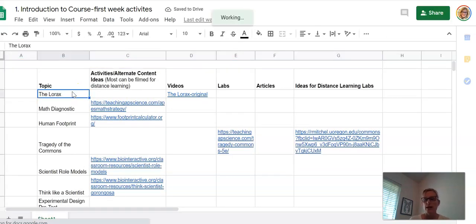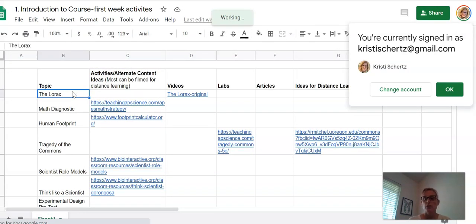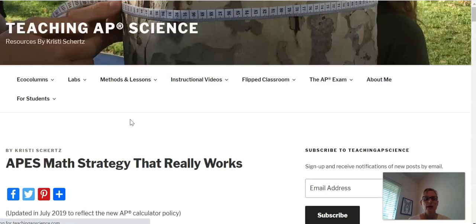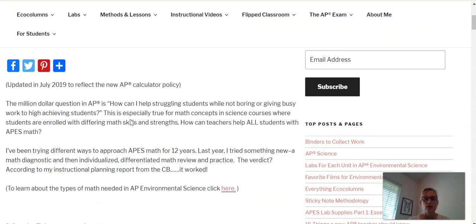That's the original Lorax. I actually show it when we study forestry, but you could show it at the beginning of the year. I do a math diagnostic at the beginning of the year, so I describe the whole math diagnostic here on my website and how I use a diagnostic, and then students will get a folder of their individual math practice.